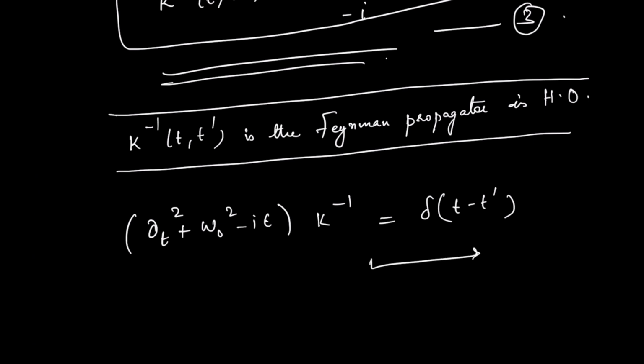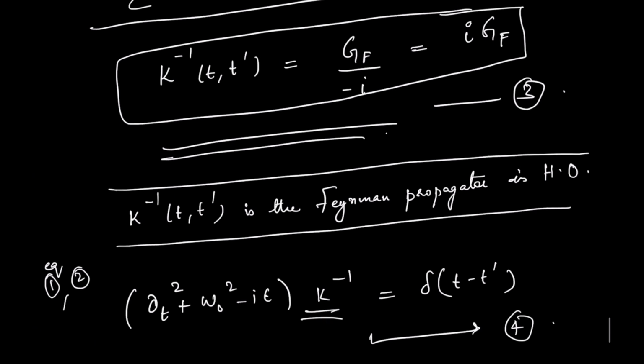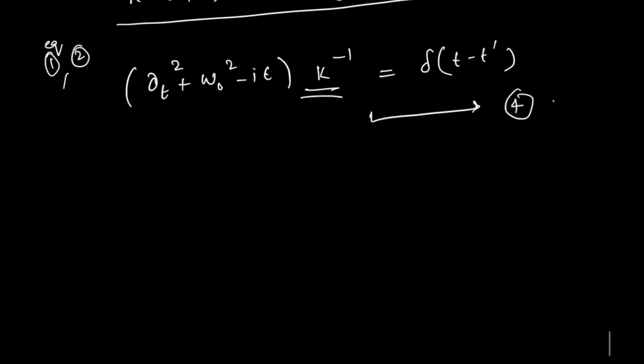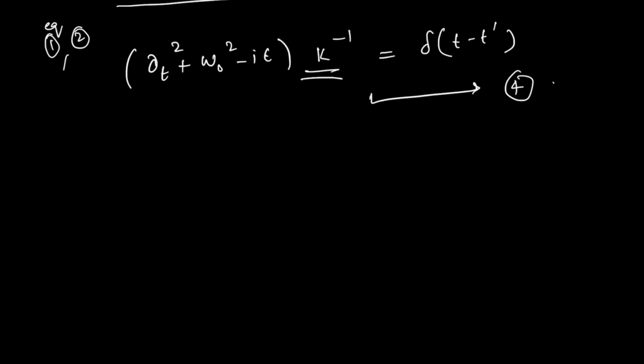So this is equation number 4. From equation number 1 and equation number 2, we find that K inverse must follow this equation number 4. So if we substitute equation 3, that is K inverse is equal to I G_F, in equation number 4, then we get the exact expression for the Feynman propagator.